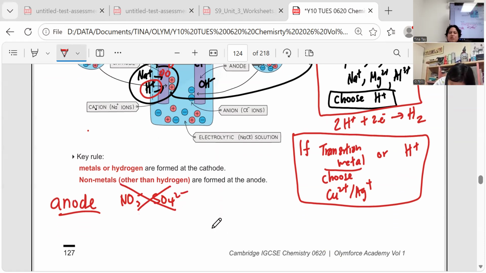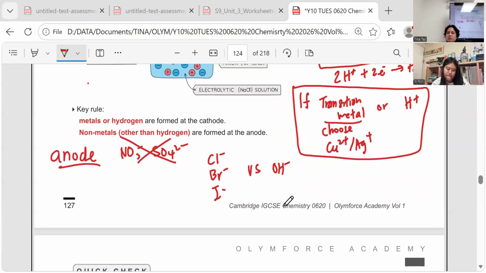Nitrate and sulfate, never chosen. It's only between chloride, bromide, iodide versus hydroxide. That's it. Because water has hydroxide, right? It's only between chloride, bromide, iodide, and hydroxide.